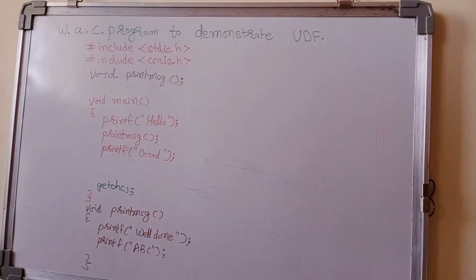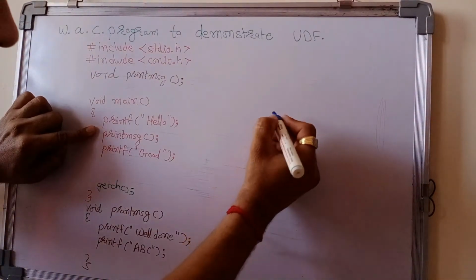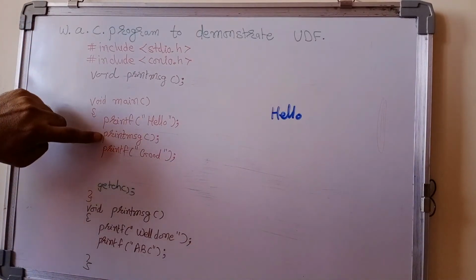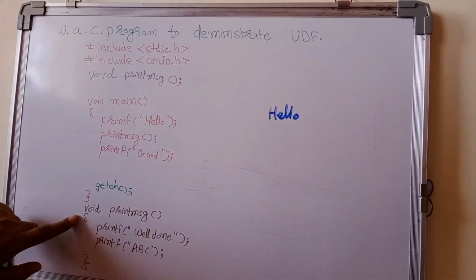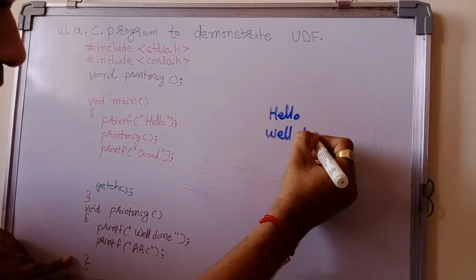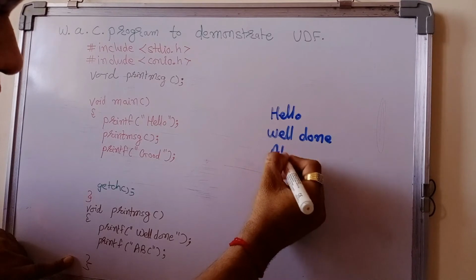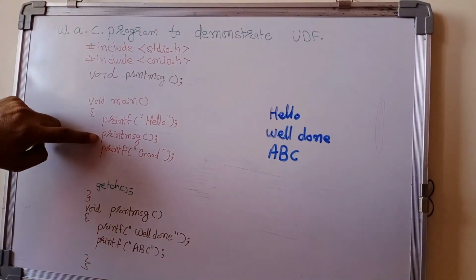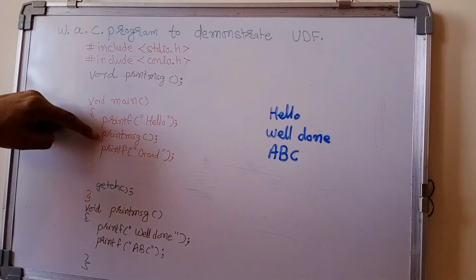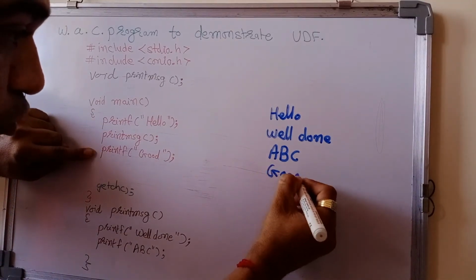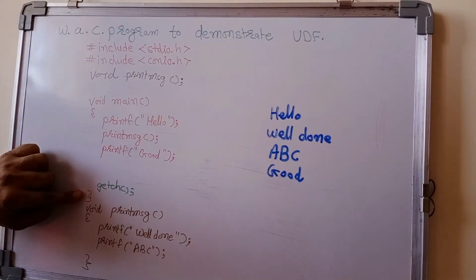So, first line will print hello. Then execution will jump from here. It will execute the complete body. So, well done, then ABC. Then the body is finished, it will come back to the calling function, and from there program's execution will go on. So here now we will get good and our program is over.